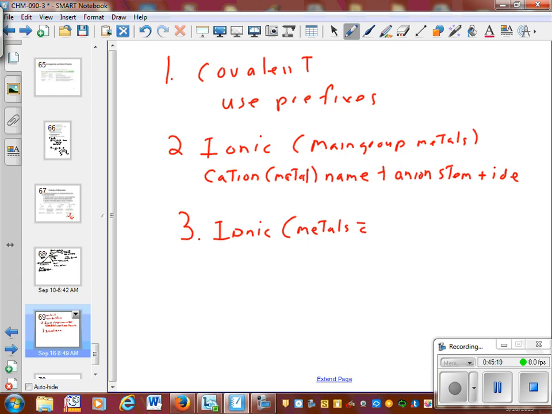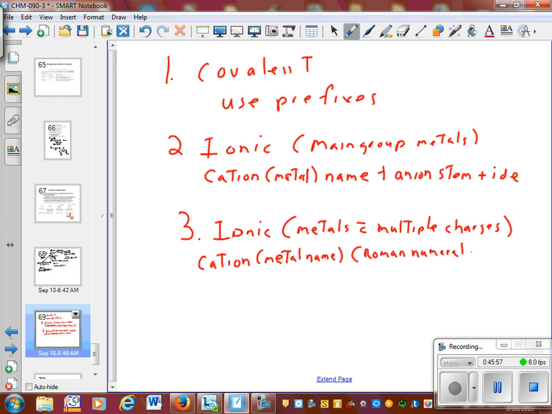It's the cation, again the metal name, the Roman numeral in parentheses, which is the charge of the cation, then the anion stem plus IDE.